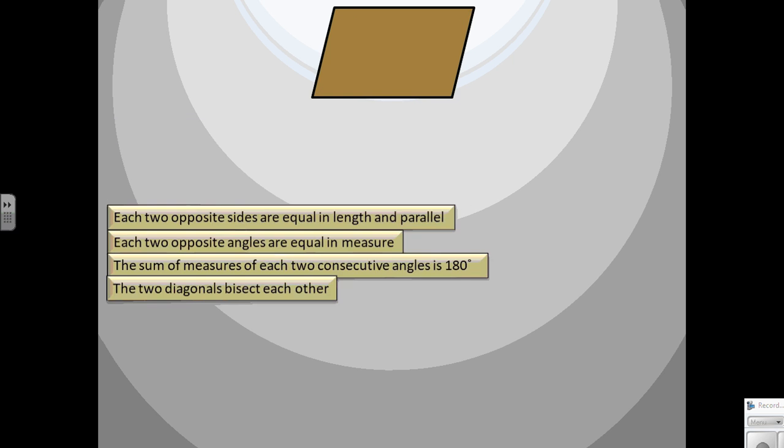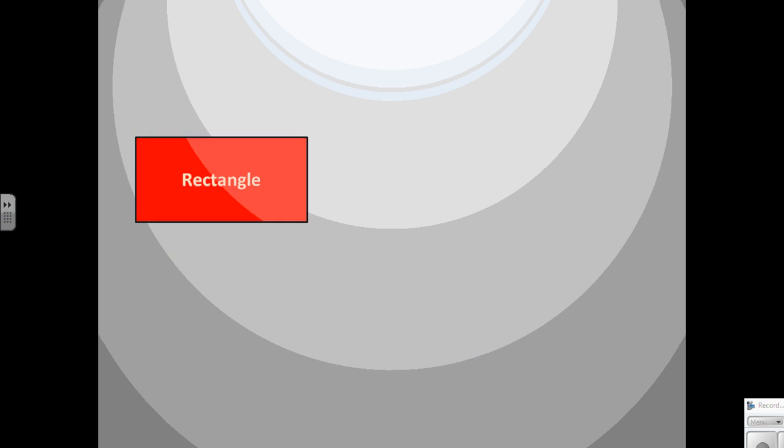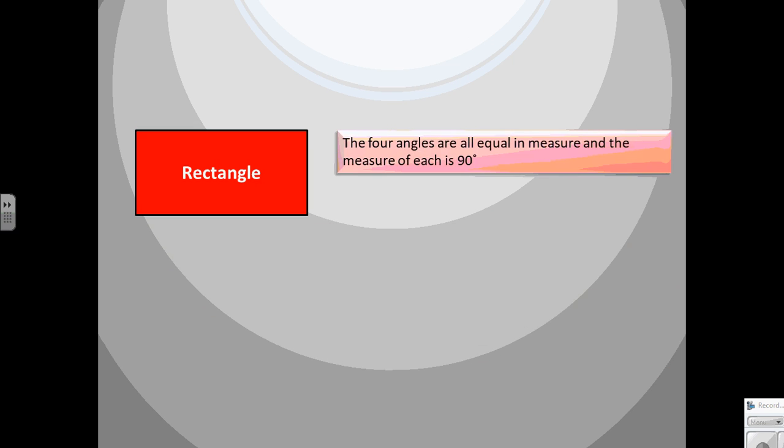Okay, let's see the second quadrilateral, which is the rectangle. What are the properties of the rectangle? Of course, it has all the properties of the parallelogram. Why? Because the parallelogram is the father of the other shapes. So his son, the rectangle, has all his properties, plus his own properties.